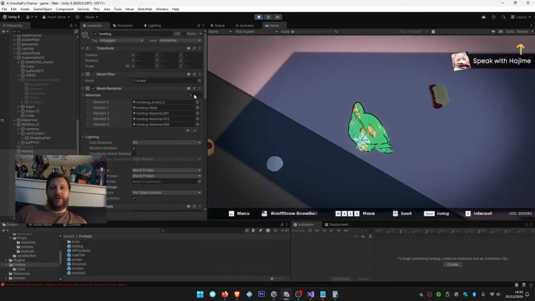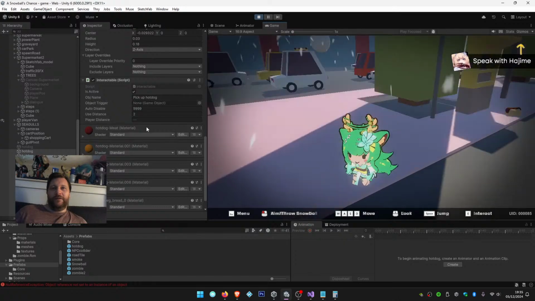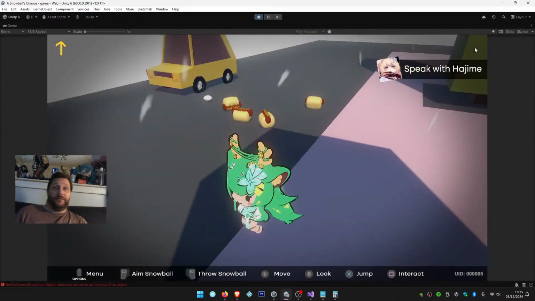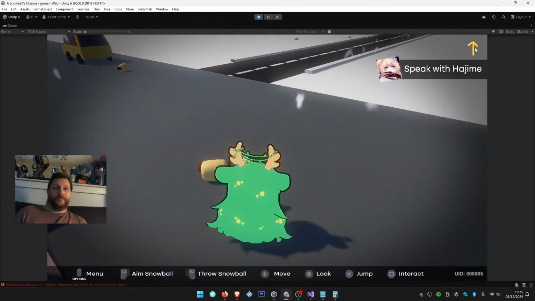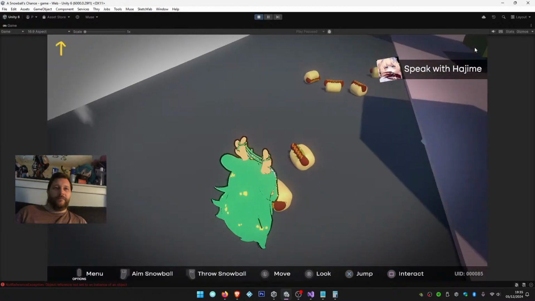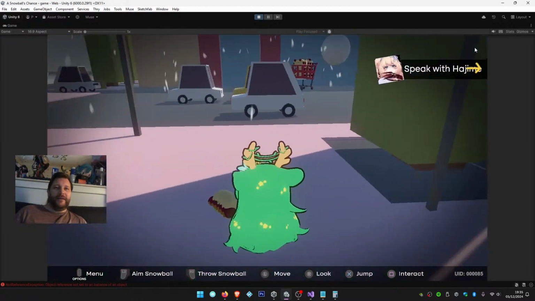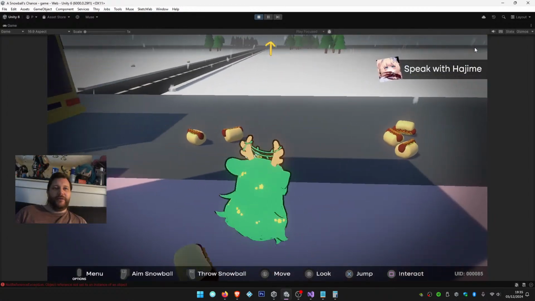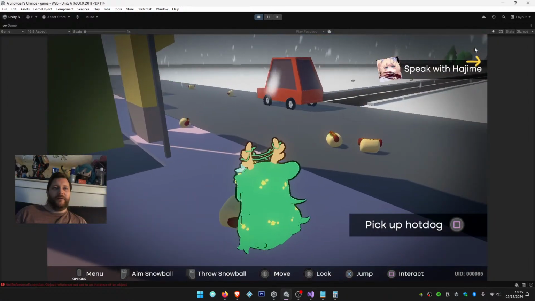What happens if we change the distance to like 1? Does that help? Yeah, I think this is what I was worried about. I think they're cancelling each other out.